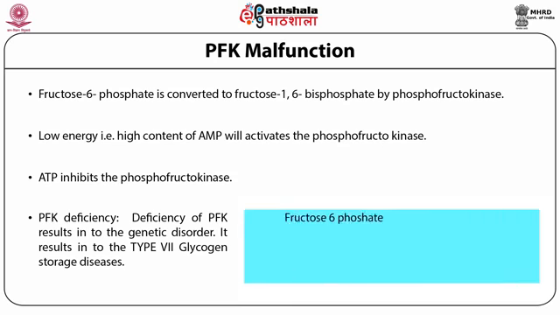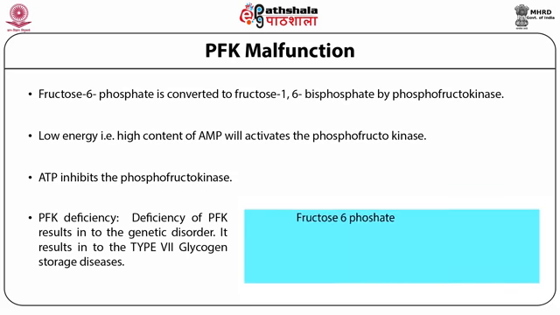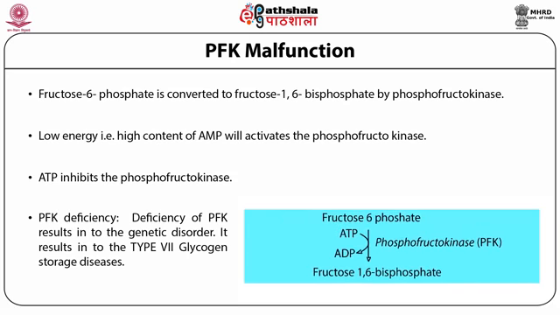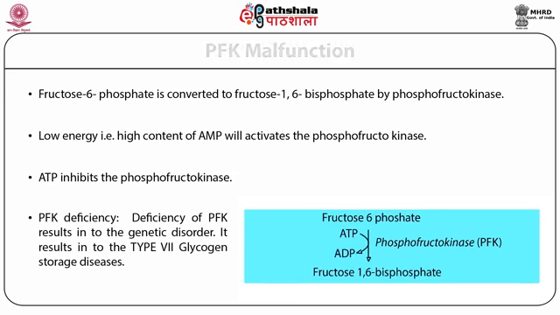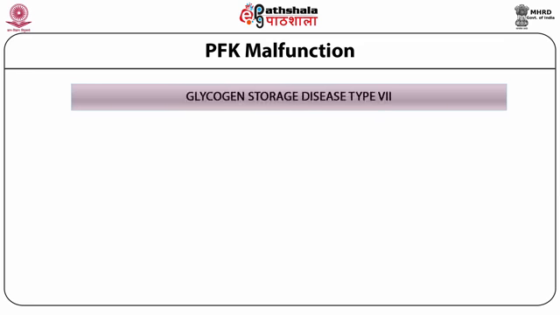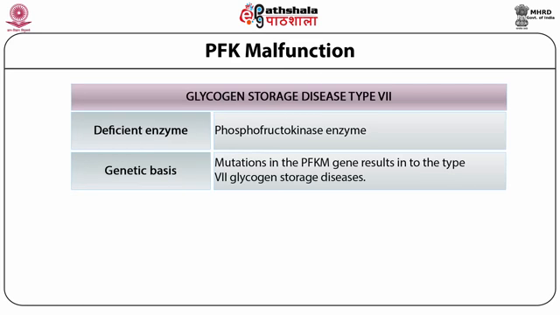Phosphofructokinase phosphorylates fructose 6-phosphate preceding its cleavage into glyceraldehyde 3-phosphate, which enters the energy generation phase of glycolysis. Glycogen storage disease type 7, Tarui disease. It is a disease due to the deficiency of phosphofructokinase in muscle and erythrocyte. It is a genetic disorder.